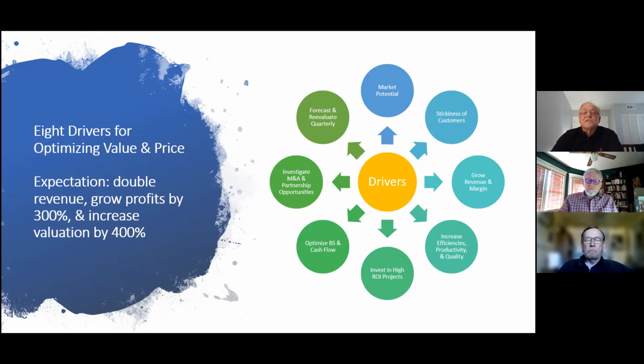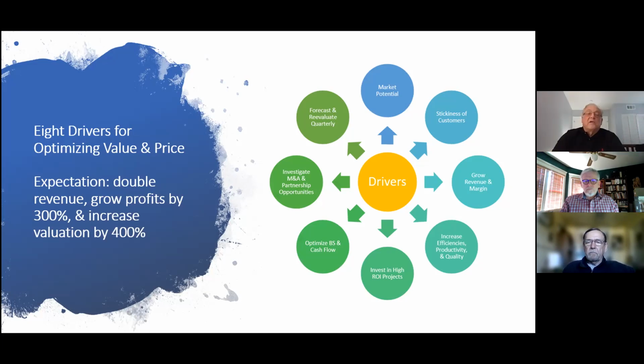We talk about ours as being market potential, stickiness of customers, grow revenue and margin, increased efficiencies, productivity and quality, invest in high ROI projects, optimize the balance sheet and cash flow, investigate M&A potential, partnerships and other types of partnerships, and then the forecasting, reevaluate on a quarterly basis.